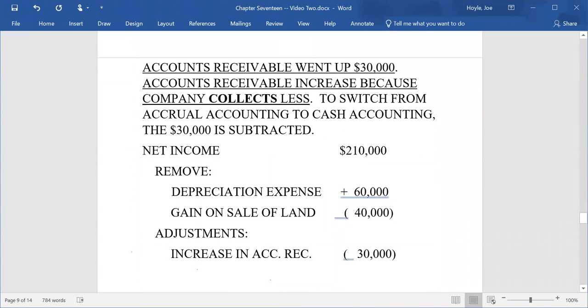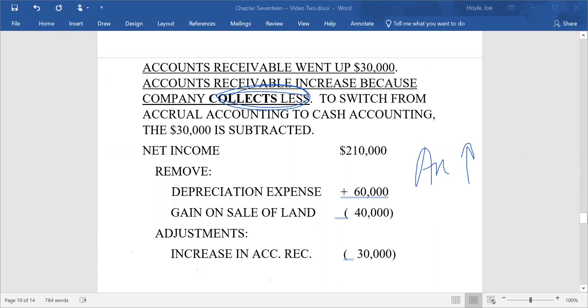And the first one is accounts receivable went up $30,000. If accounts receivable goes up $30,000, that means that we collected less. As long as you don't collect anything, your accounts receivable will go up.